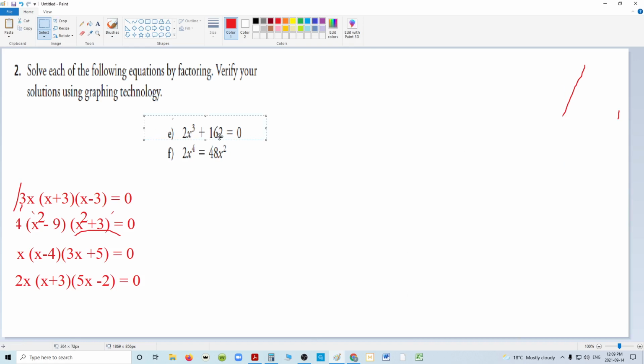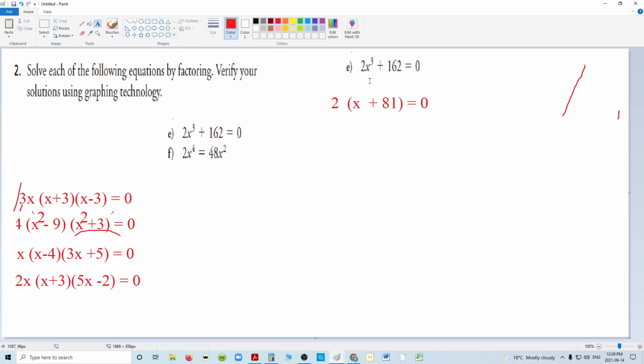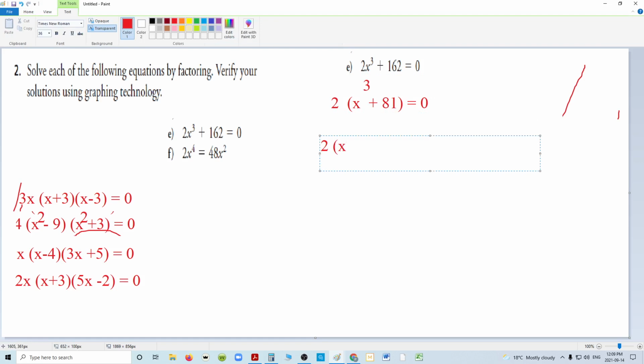This one, you have to say those can both be divided by 2. Left with x cubed plus 81. And we just did differences of cubes, which means I'm left with x plus 9 and x squared minus 9x plus 81.